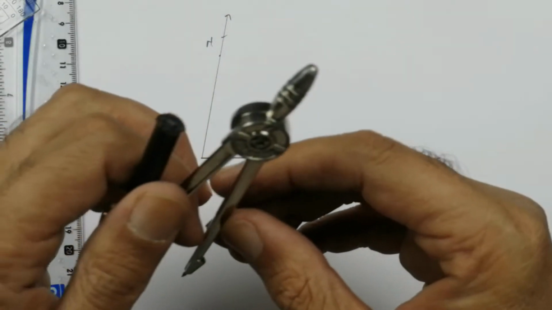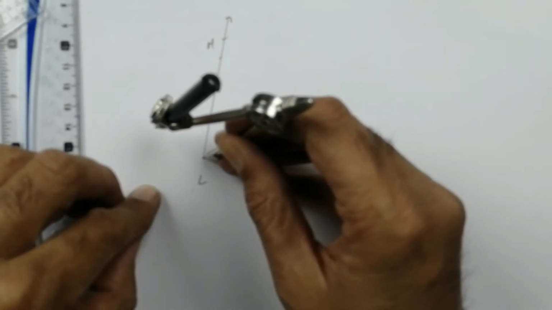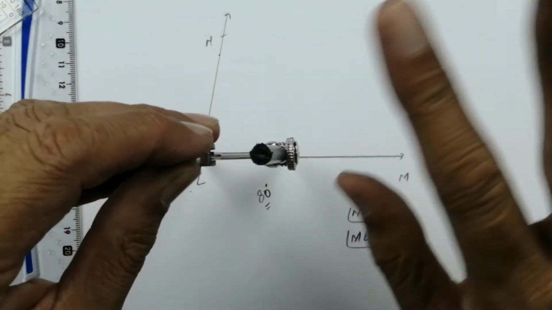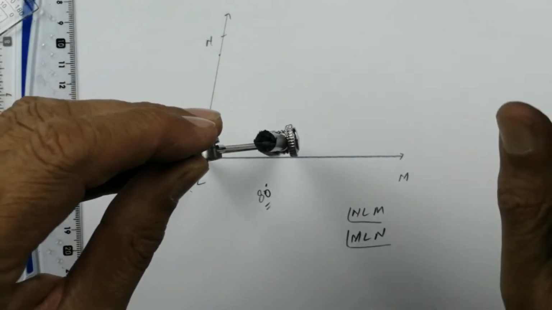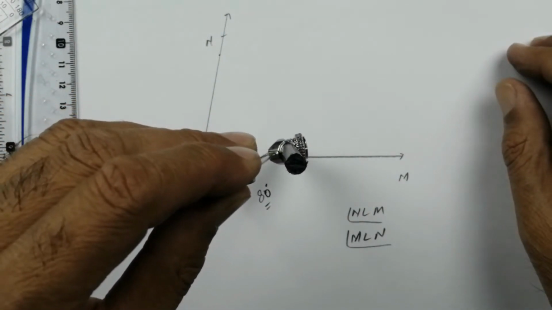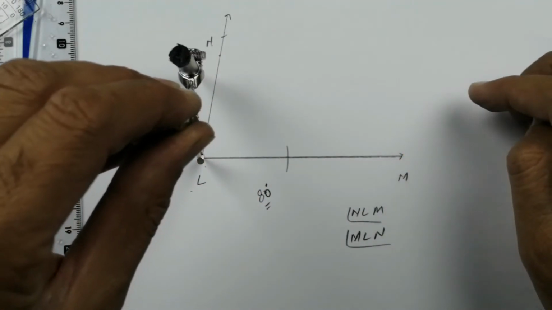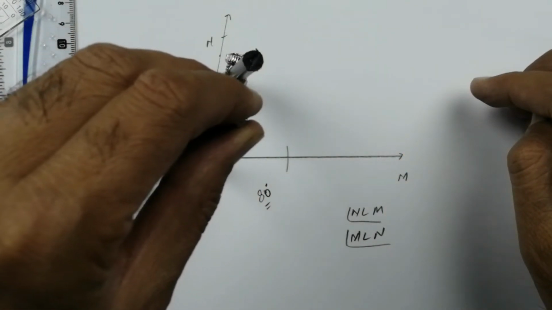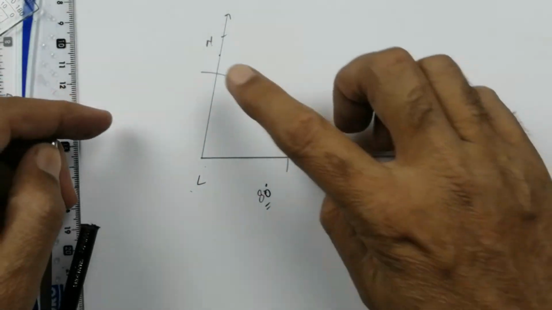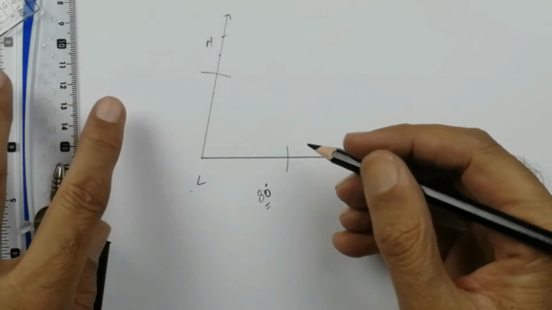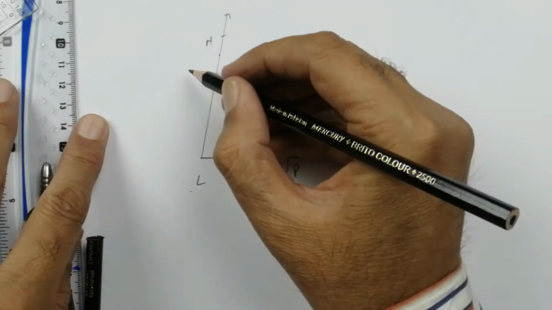Now how can you bisect it? Place your compass at vertex L, open it to any length, and make an arc on both arms, one on arm LM and the other on arm LN. You get two points of intersection, which I name P and Q, right?